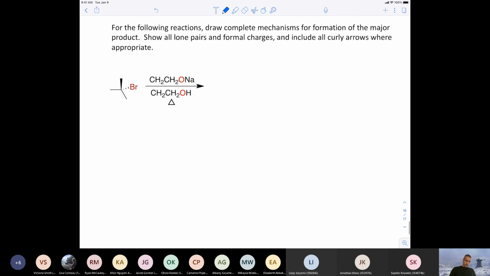This is one of the ones, a little more colorful, that came from the Instagram account. Okay, primary, secondary, tertiary, methyl? Tertiary. Our conditions are conditions for what reaction?